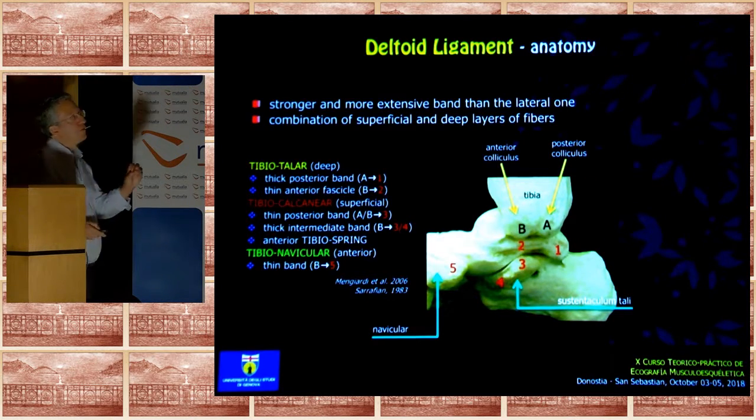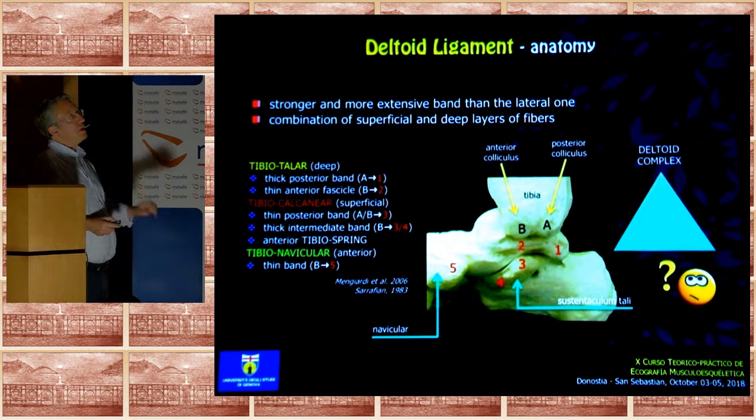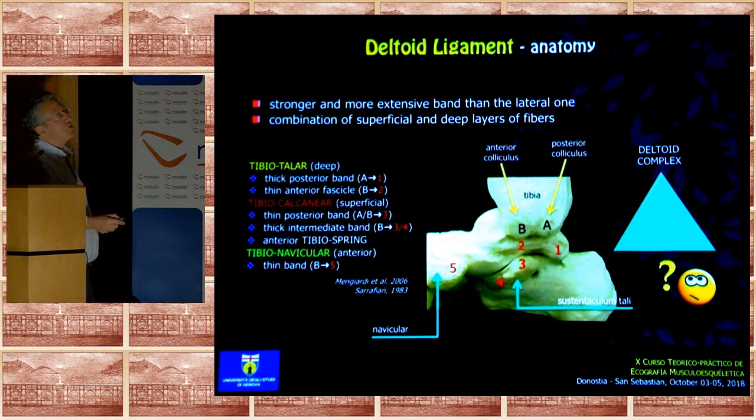So one of the typical mistakes is to consider that the deltoid is a triangle, so you believe that there is just one point of origin of the fibers.